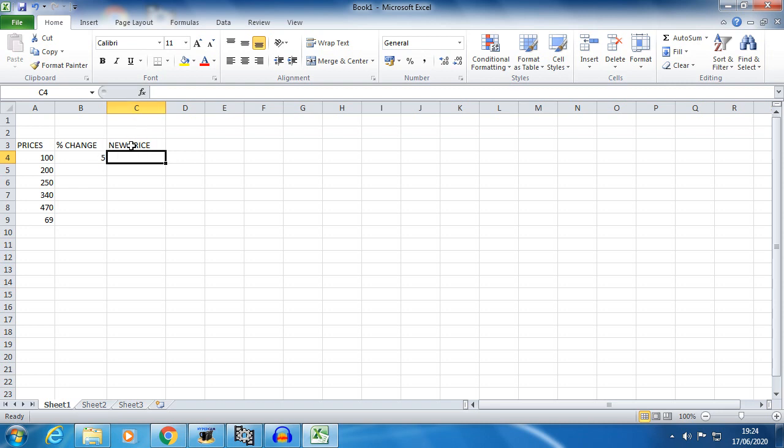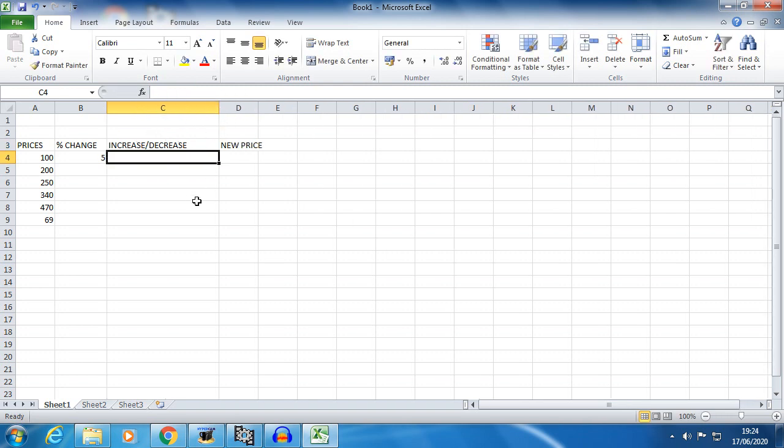Okay, so we're going to move the new price heading over here. We'll call this increase/decrease, because it might be a decrease in some cases. We'll look at that in a minute. So all you really do to work out the increase or the decrease is you multiply these two numbers together.